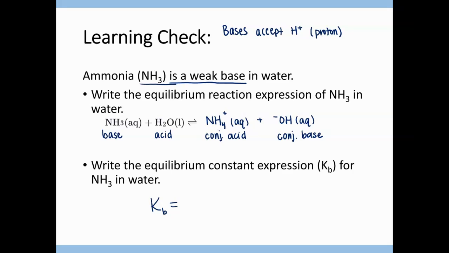So then the equilibrium expression, which you have a lot of practice with at this point, is the concentration of products over reactants, again leaving out water. So again, base on the bottom, conjugate base, conjugate acid on the top.